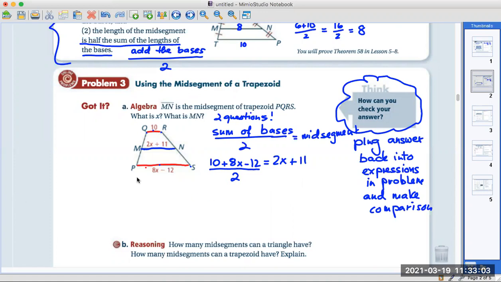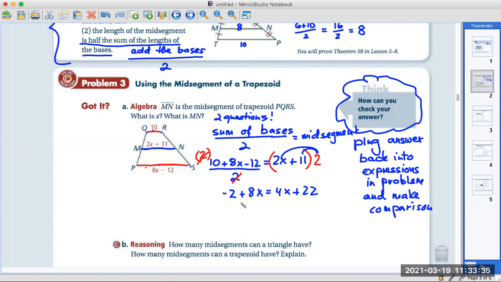First, I'm going to get rid of the 2 by multiplying both sides by 2. Got to put parentheses around it. This cancels. So 10 minus 12 is negative 2, plus 8x, is 2 times 2x, which is 4x. 2 times 11 is 22. So you're multiplying everything by 2. That's a quick way to clear that fraction.